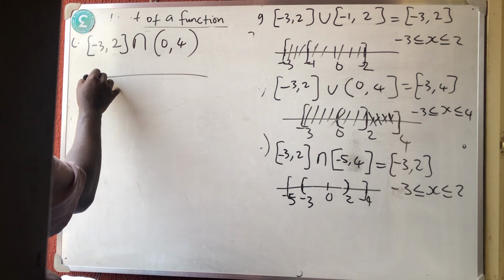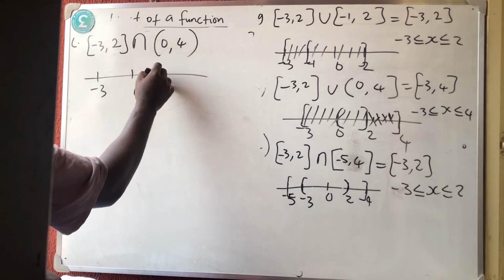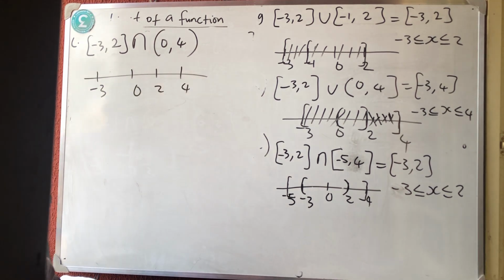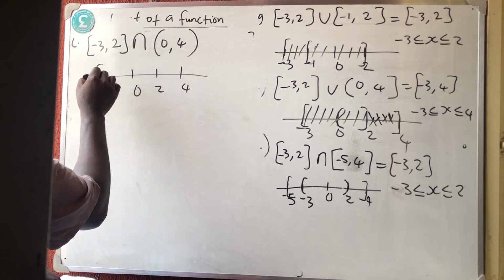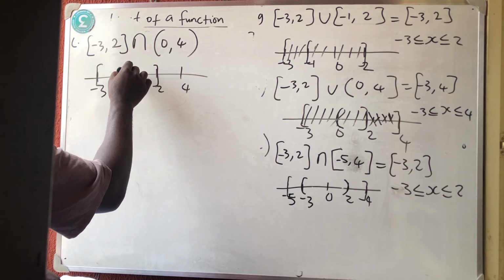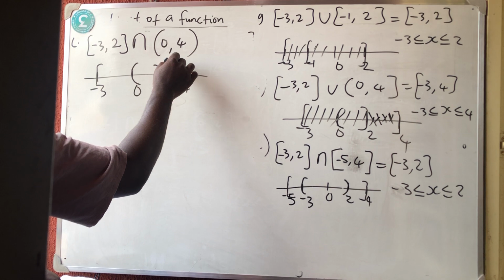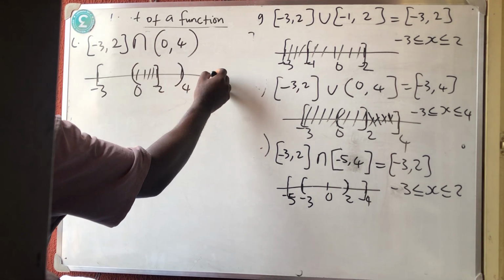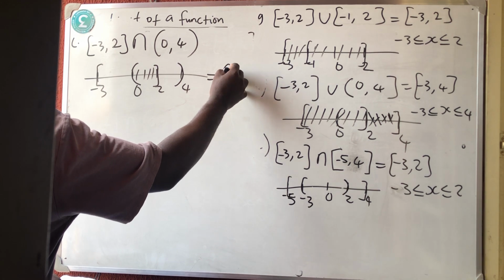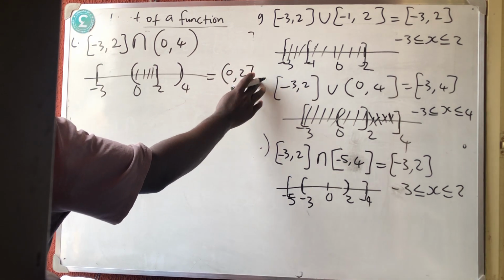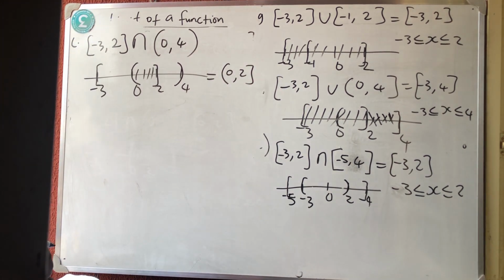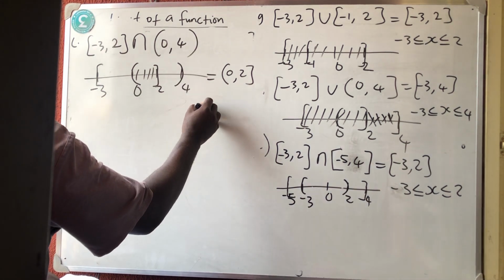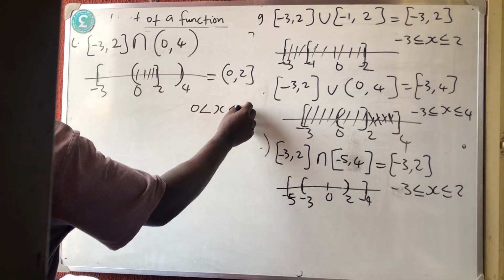If you are drawing it, minus 3 is here, 0 in the middle, 2 will be here and 4 will be here. So this one is starting from minus 3 and ending in 2, while this one is starting from 0 and ending in 4. So this is the only thing they have in common. So my answer should be 0 and 2 like this, which is 0 is less than x, which is less than or equal to 2.